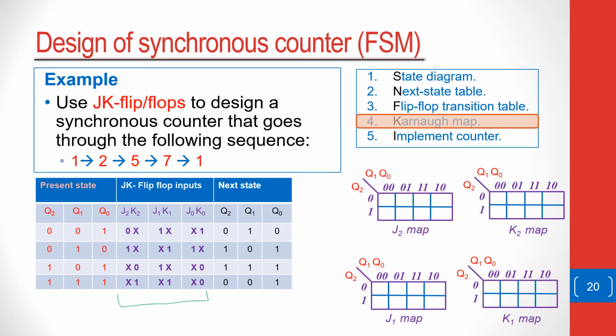for illustration purposes. So for J2, in the first row, at 001, we have 0. This is the one. At 010, we have 1.